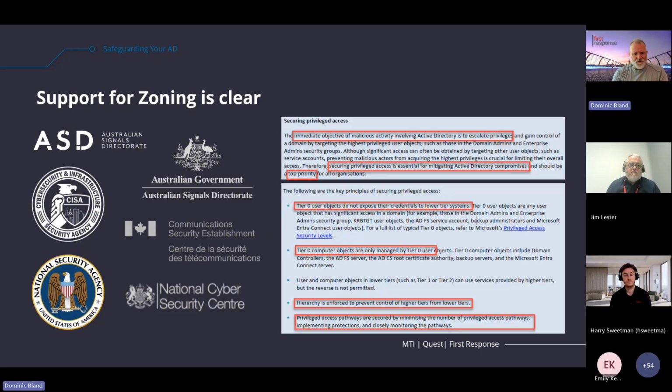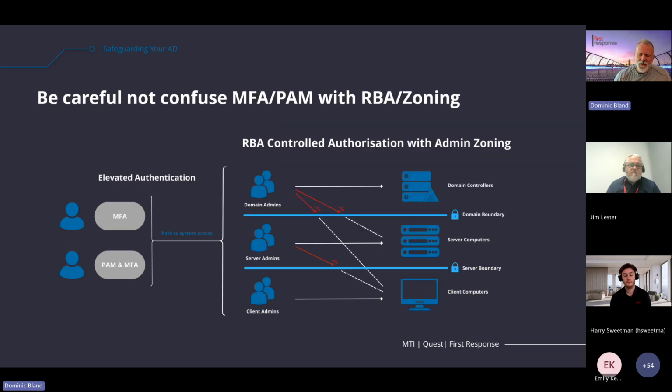Just a little aside from that, because the document talks about MFA and PAM, and we're all very aware of those technologies. It's worth noting that MFAs and PAMs, privileged access managers, are more front-end devices. They deal with managing the authorization of accounts. Certainly that's what MFA is about, hardening the authentication.